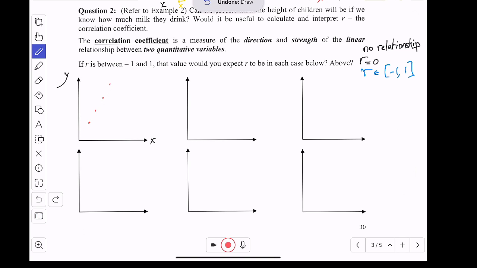It falls perfectly on that line. That is an R of +1. That's the best you can get for R. The strength is denoted by how close to +1 R is.